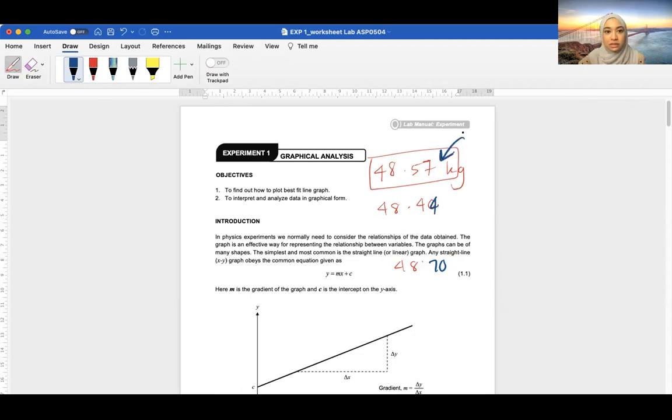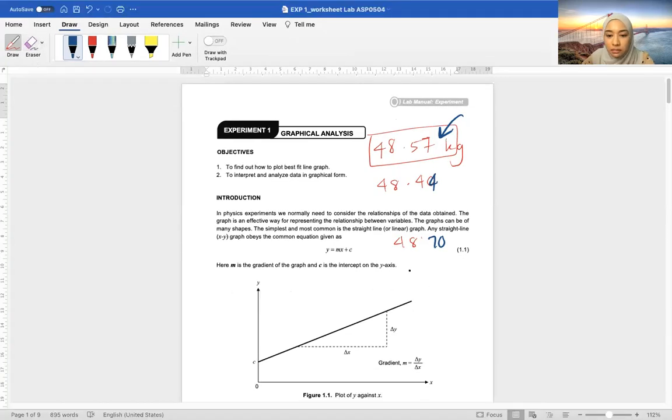But the one that I'm seeing right now is that, so my uncertainty becomes 48.57 plus minus 0.13, if I'm calculating this correctly. Okay, so I have 2 decimal places here. And what is the meaningful digit here? 4 significant figures. Okay, itu contoh.